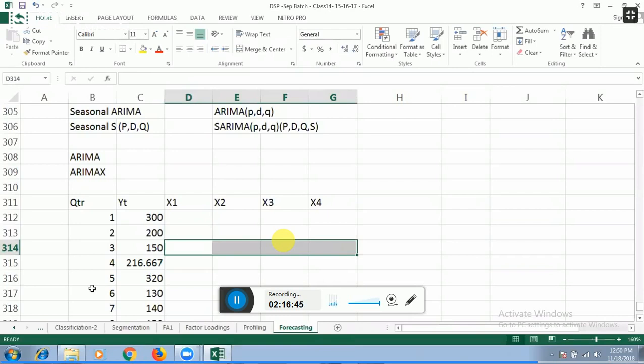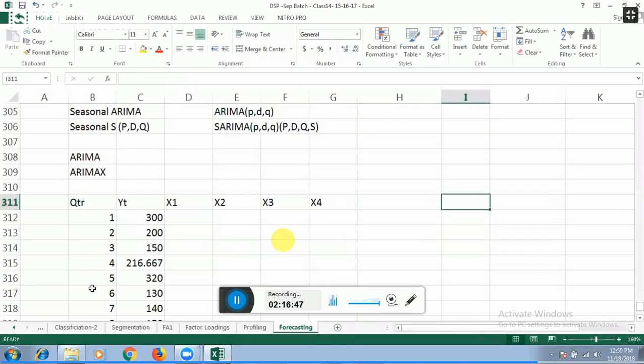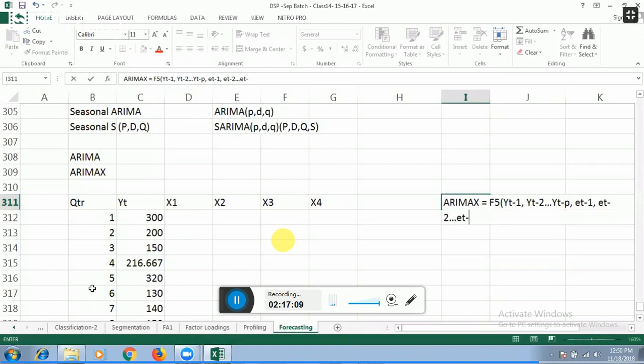So ARIMAX is basically a function of YT minus 1, YT minus 2, and so on, YT minus P, comma, ET minus 1, ET minus 2, and so on, ET minus Q, comma, X1, comma, X2, comma, X3, comma, X4.